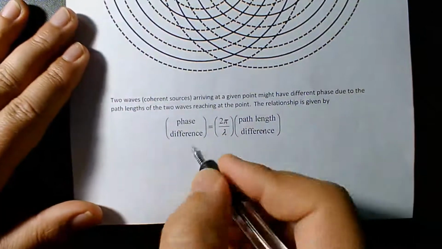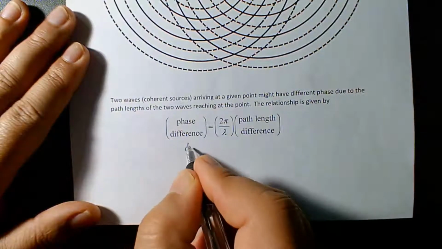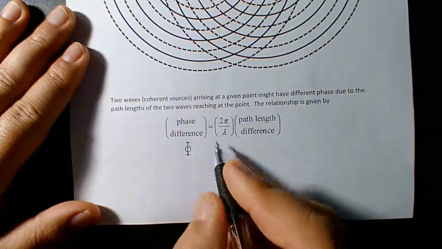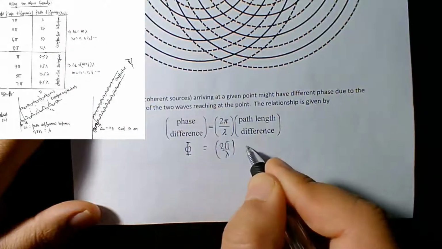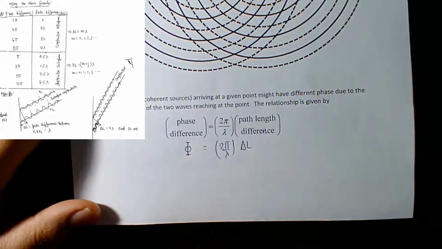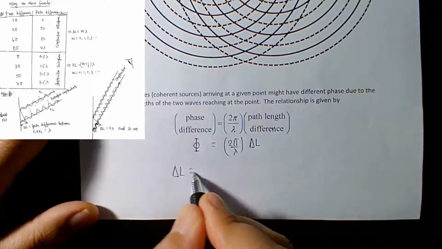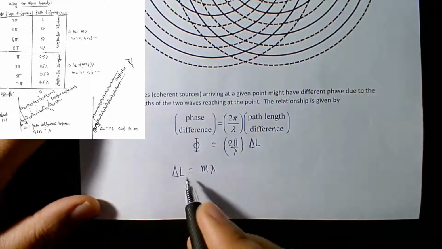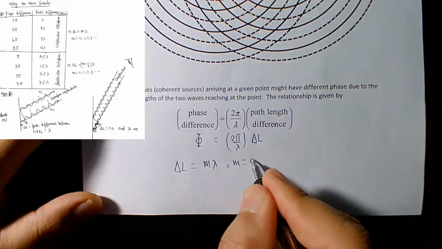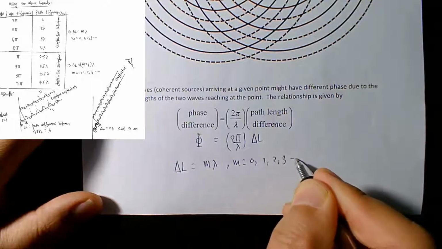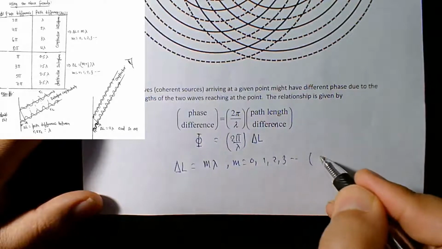And so using this idea, let's say phi is the phase shift or phase difference between two waves reaching any point, which is 2 pi over lambda times the path difference, let's call it delta L. So if delta L is m times lambda, if the path difference is an integer whole number of lambda, where m can go from 0, 1, 2, 3, then they will meet in phase.